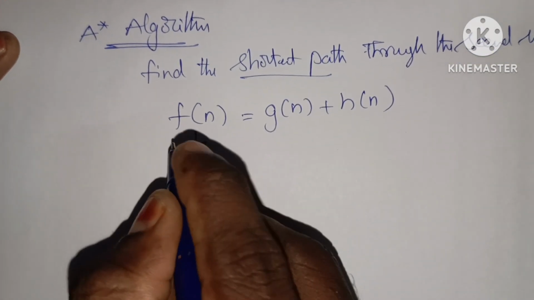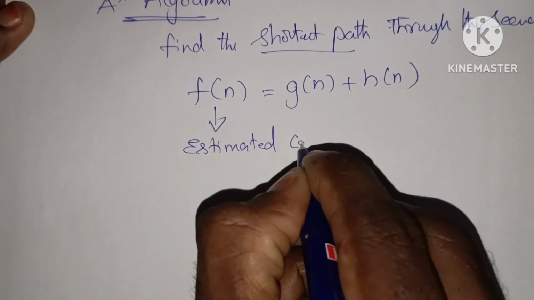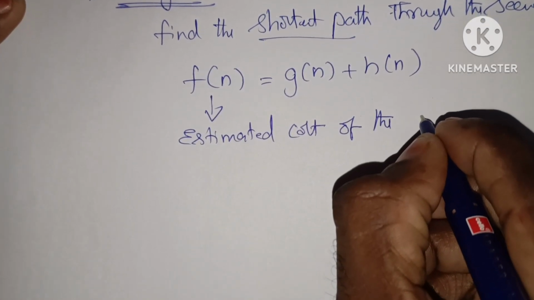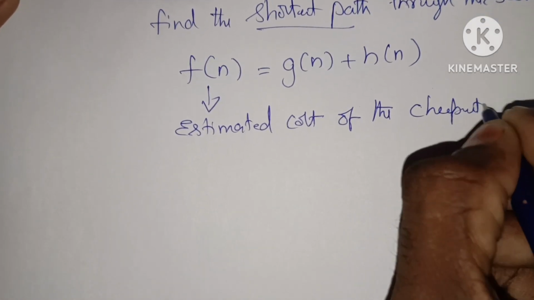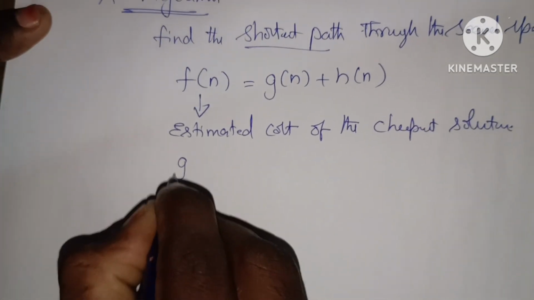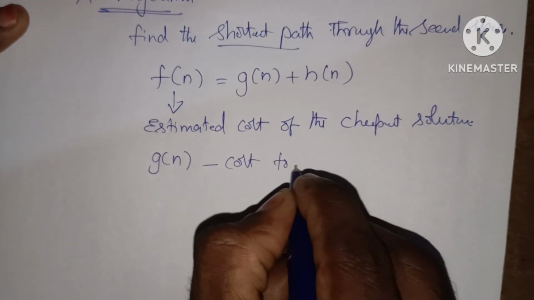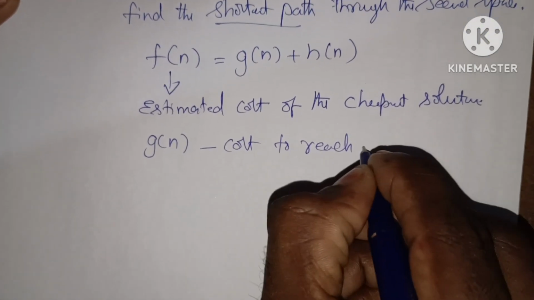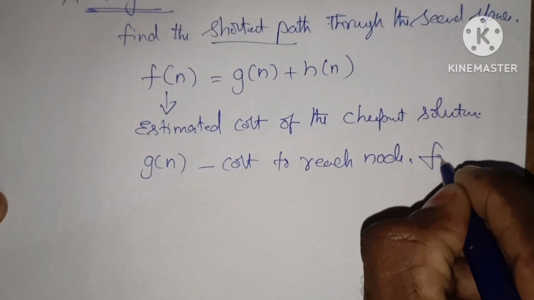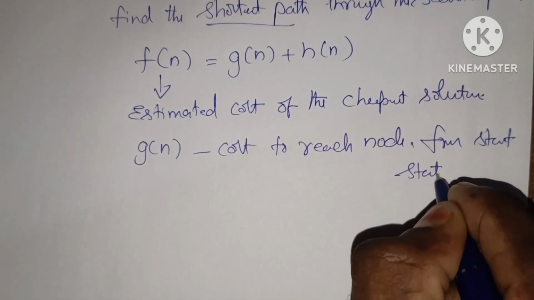What is f of n? f of n means the estimated cost of the cheapest solution. Next, g of n means the cost to reach the node from the starting state.